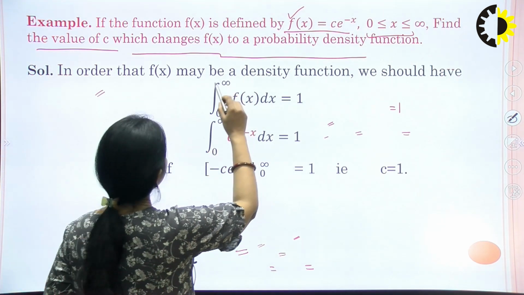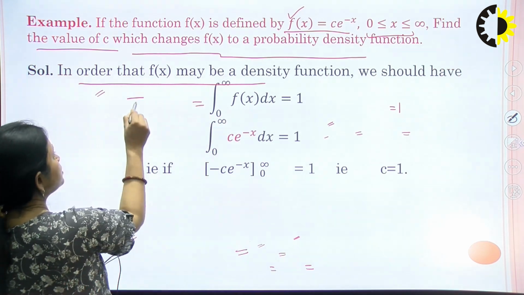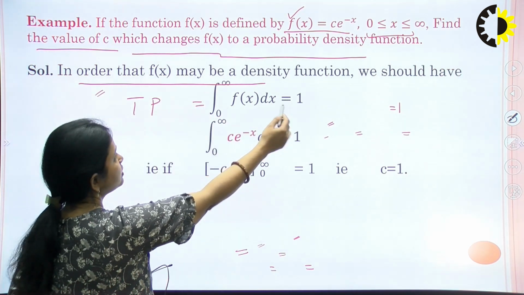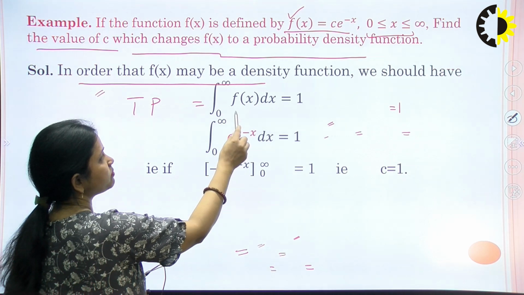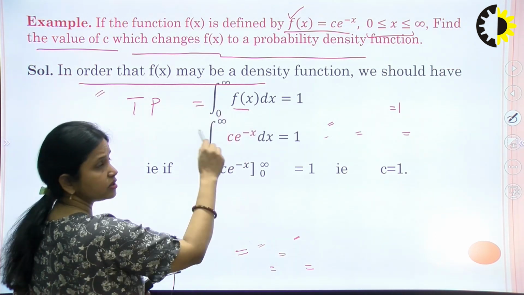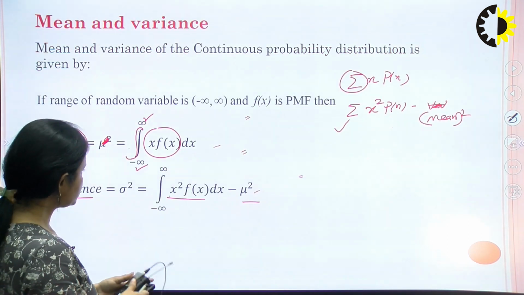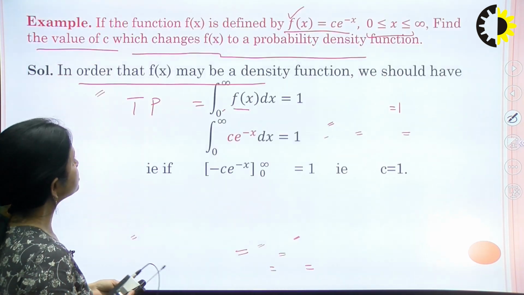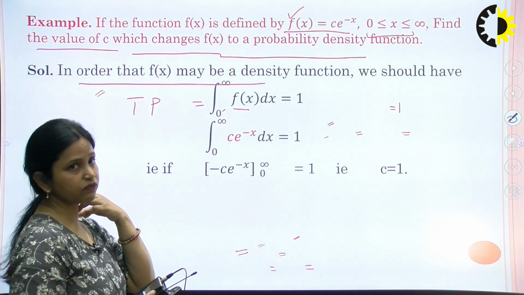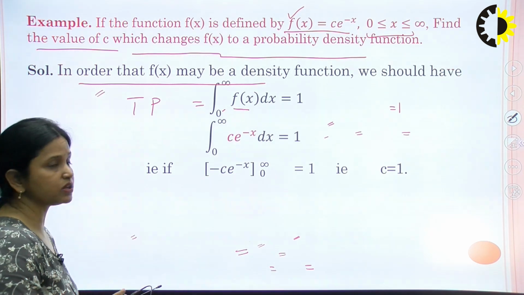We just apply the property of the probability density function. We know that the total probability is equal to 1, and total probability can be obtained by integrating the probability function over the prescribed range. The range of the variable is 0 to infinity. So what we have to do is integrate the given function from 0 to infinity, and the integration will be equal to 1.